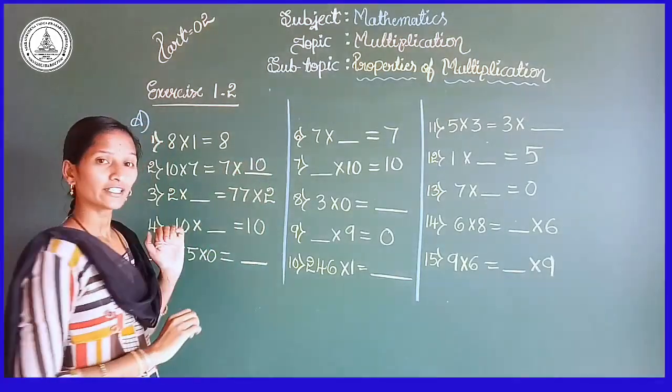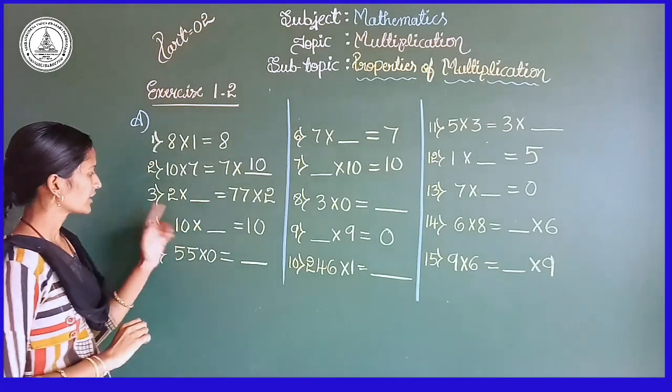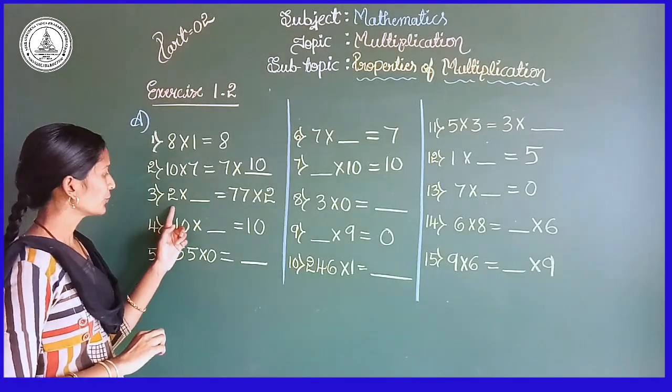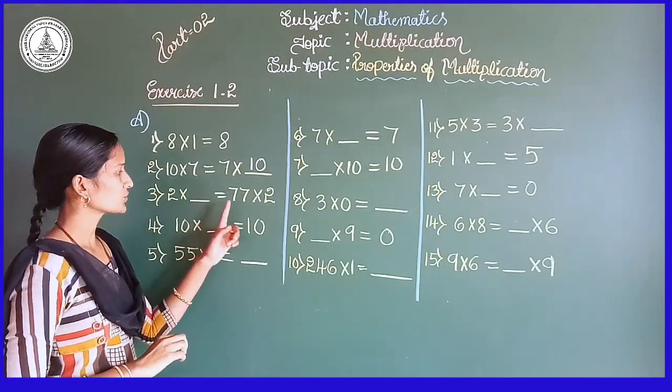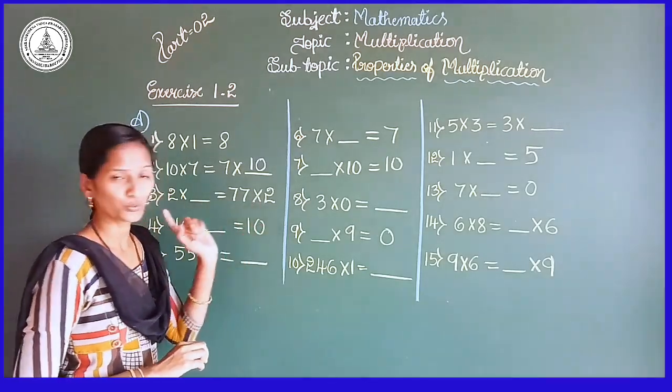Write down here 10. Right? Come to the third one. 2 into dash is equal to 77 into 2.